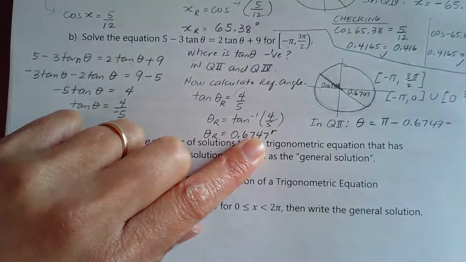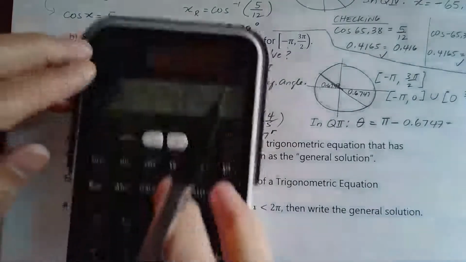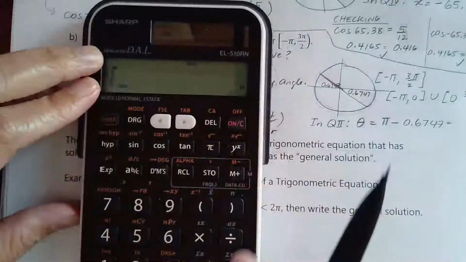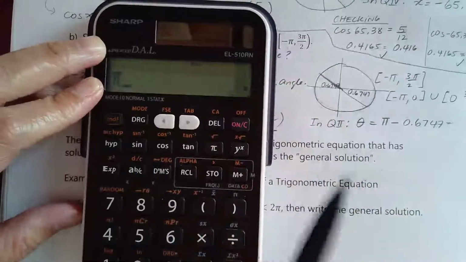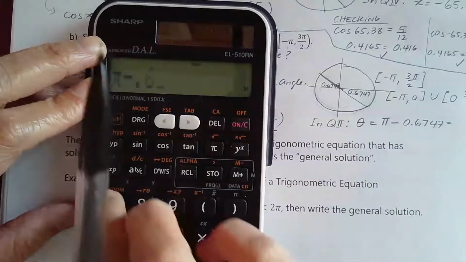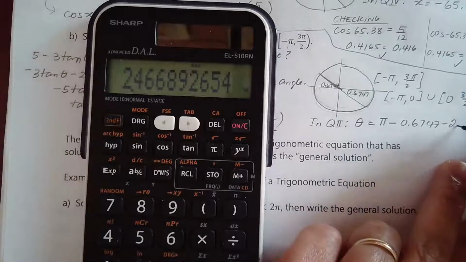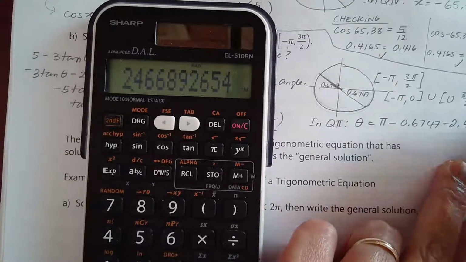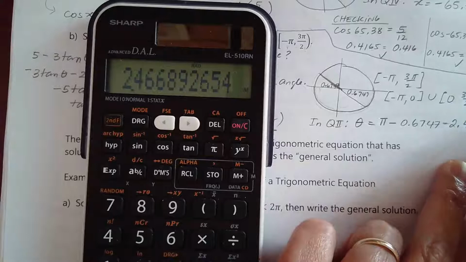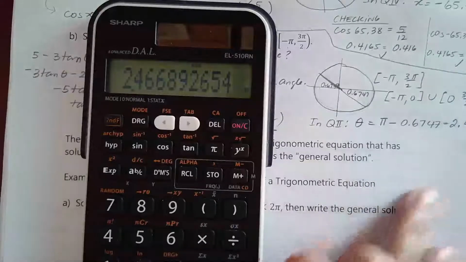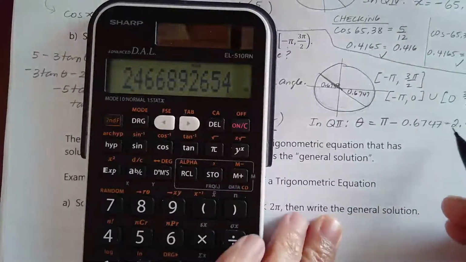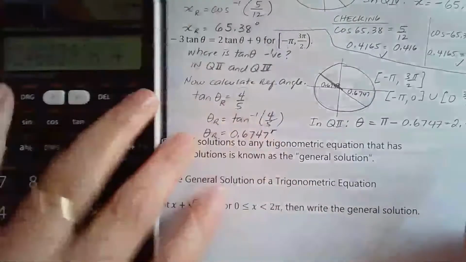Okay, it's going to give me a number. So pi minus 0.6747 is 2.47 radians. And 2.47 radians is not one of our special angles.